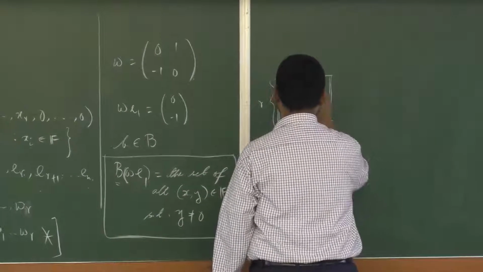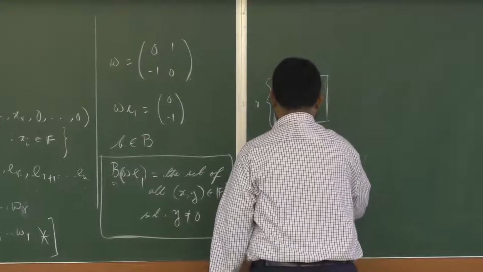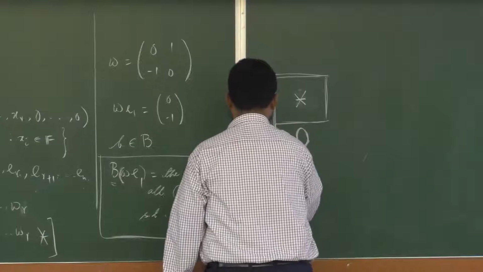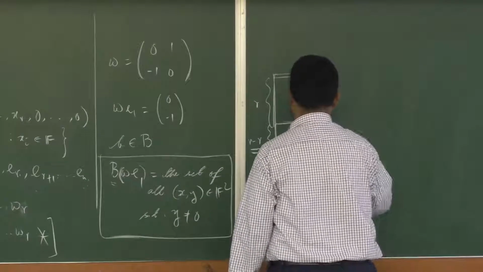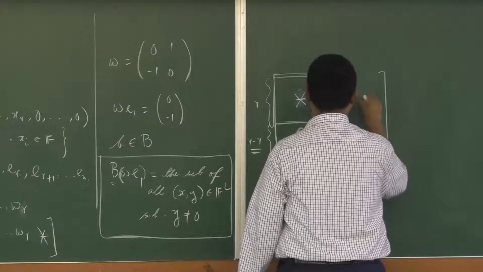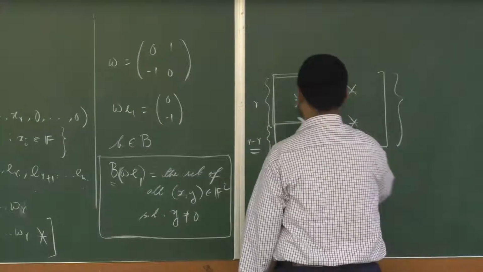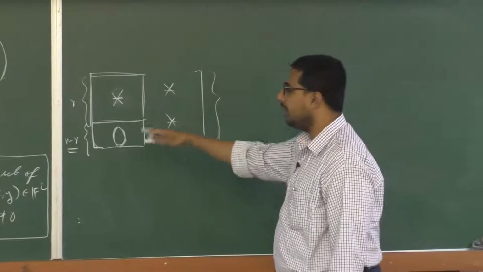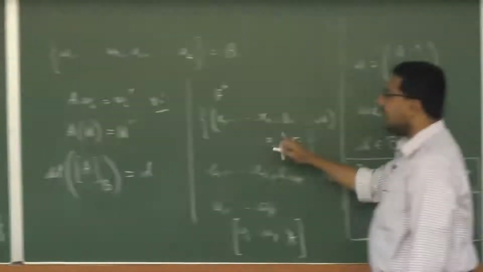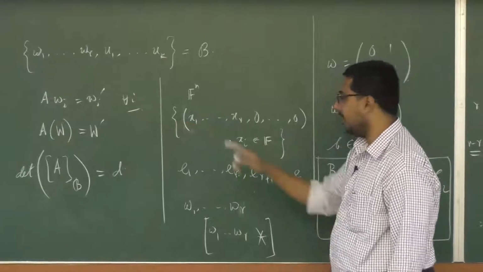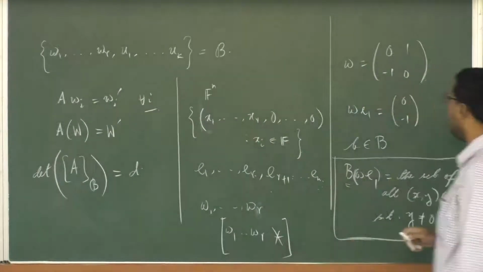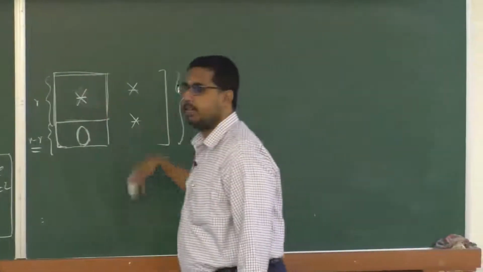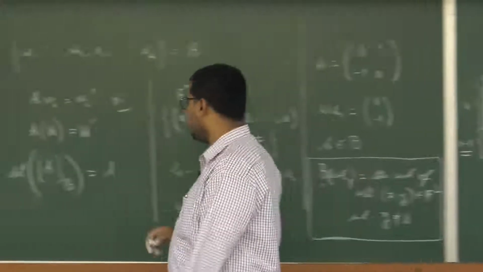The main point is this block, of size n minus r by r, has to be 0, and anything else could be here. So all invertible matrices of this form are the stabilizer, and for the stabilizer in SL_n(F), we just have to add the further condition that those matrices have determinant 1.